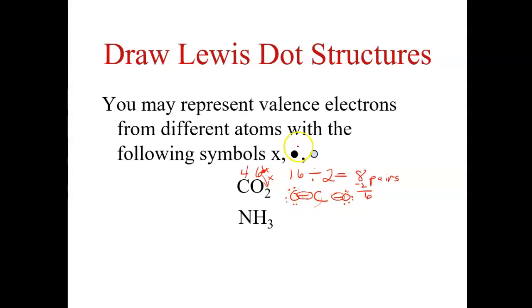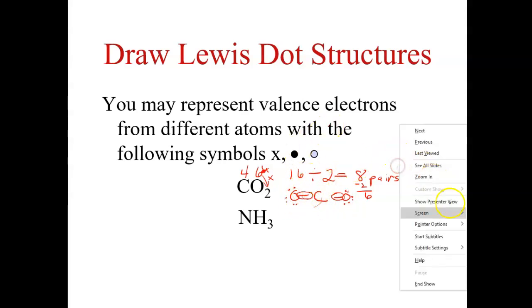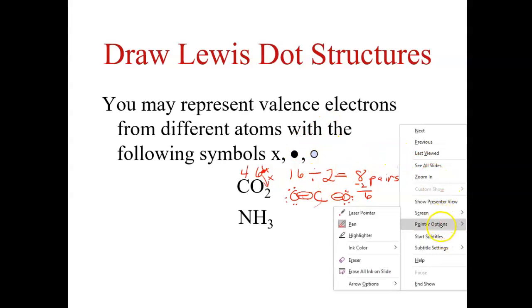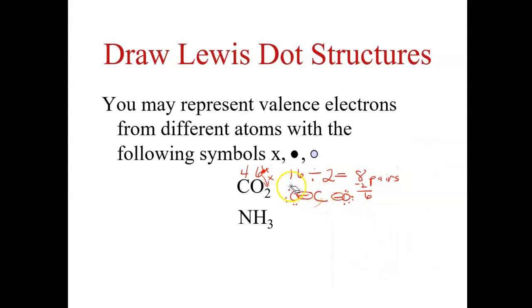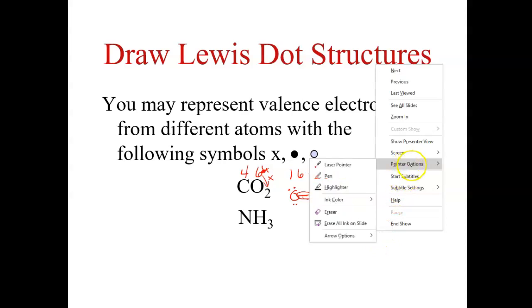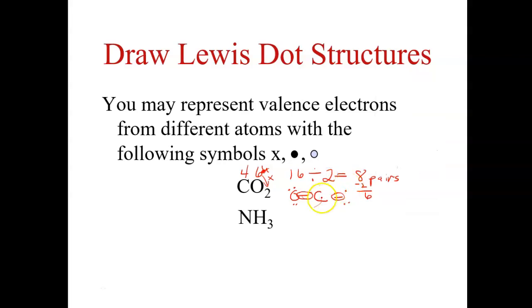So what we have to do is go in here and get rid of these right here and these right here, and I'll put the other one back on, and we have to double bond this. So you're going to put another double bond here and a double bond here.